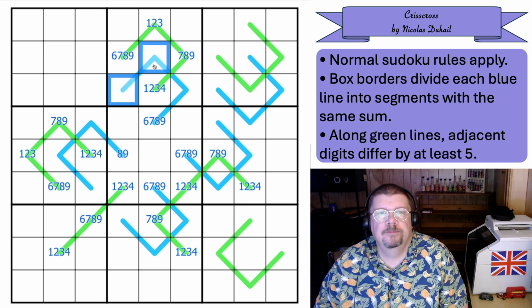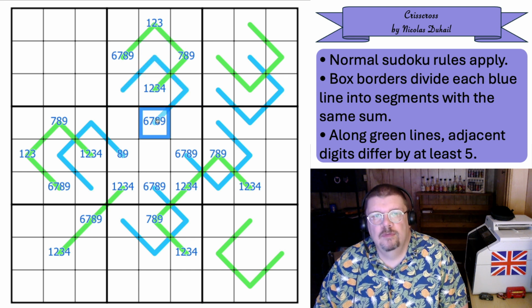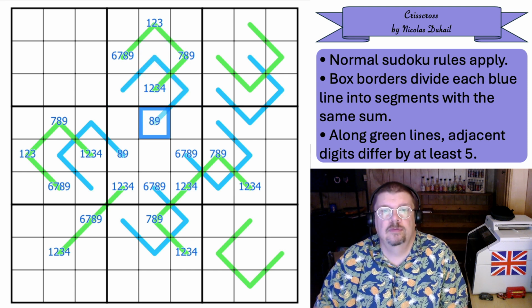And again, I've got 2 digits from 1, 2, and 3 on here. But this can't be 1, 2, 3 or 1, 2, 4, so that is not 6 or 7.